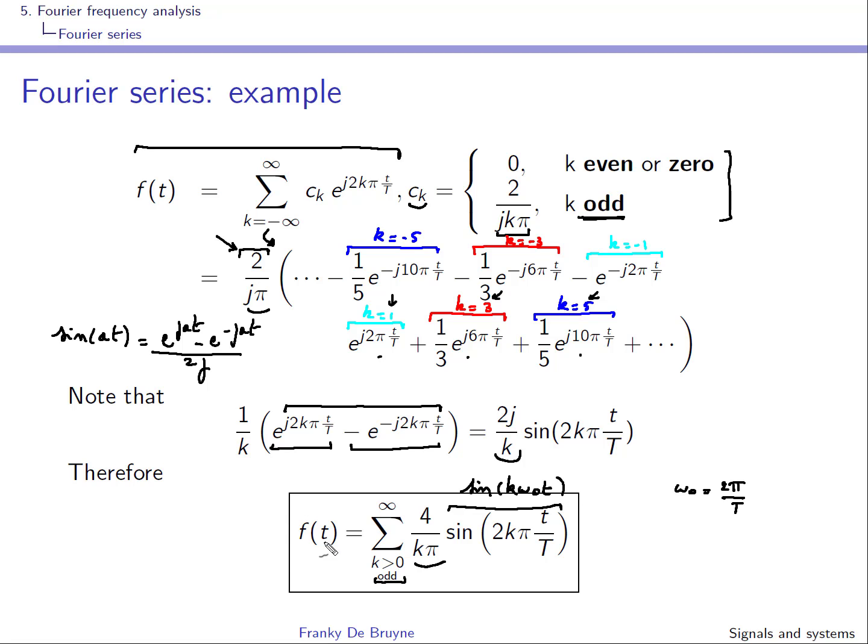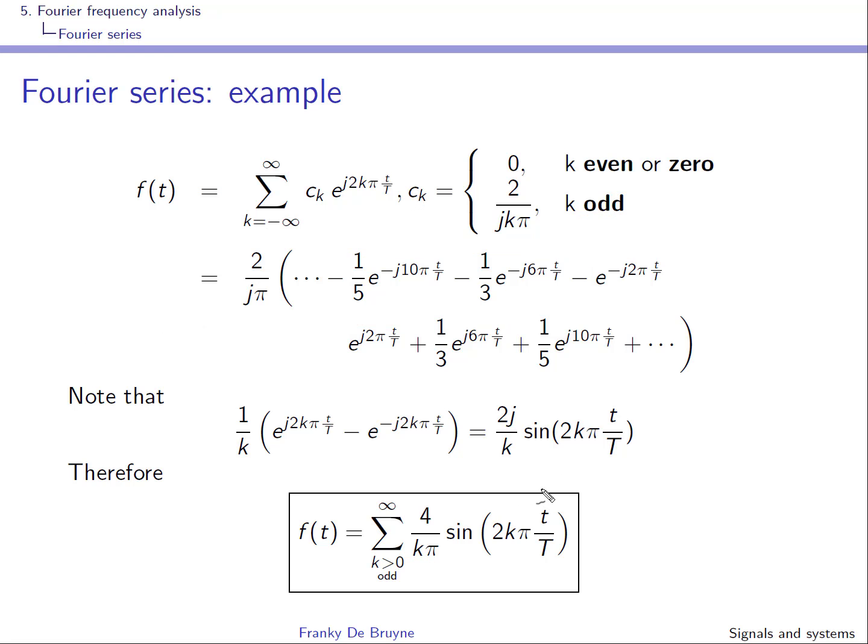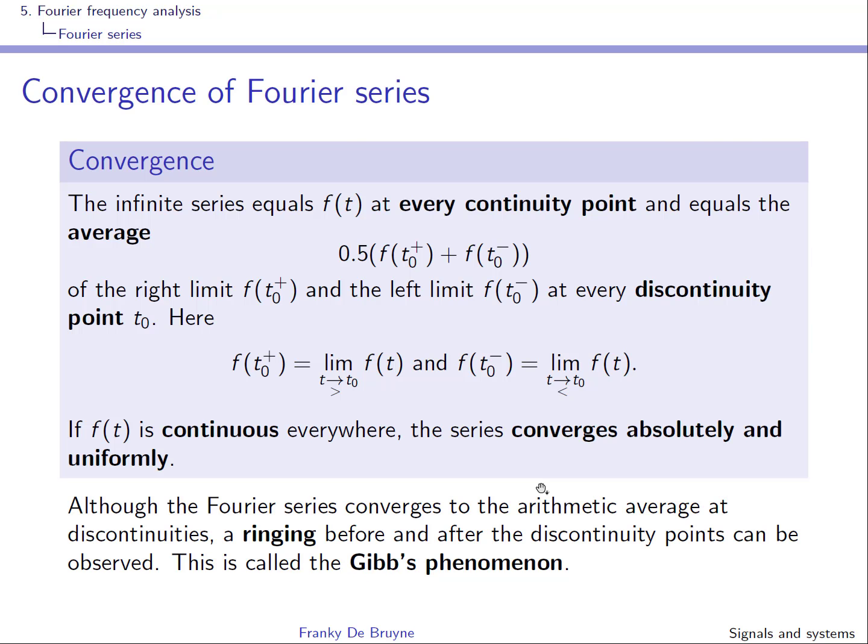So we have decomposed our function as a sum of sines with a certain coefficient in front, and in this sine we have the fundamental frequency. This is k equal to 1, and we'll have 3 times the fundamental frequency, 5 times the fundamental frequency, and so on. So you see here that you have a sum of sines.